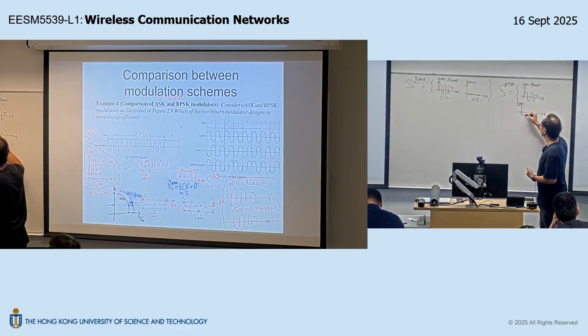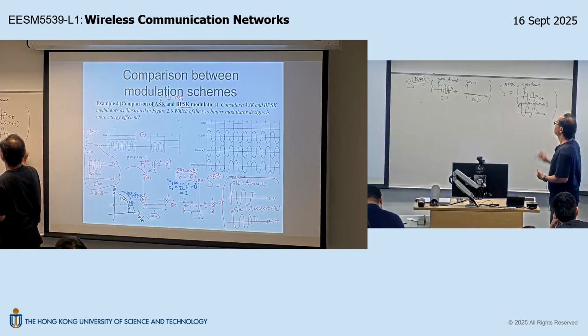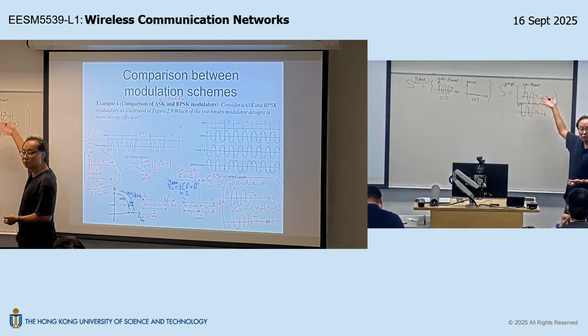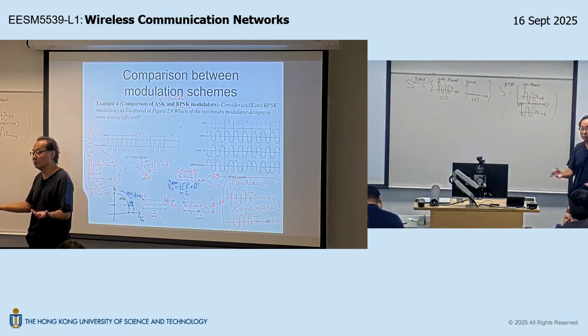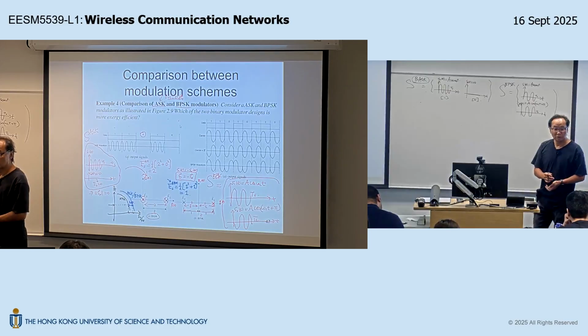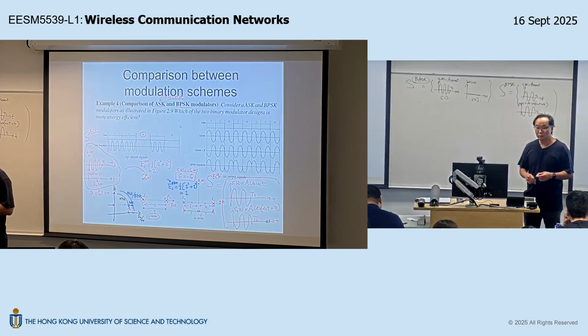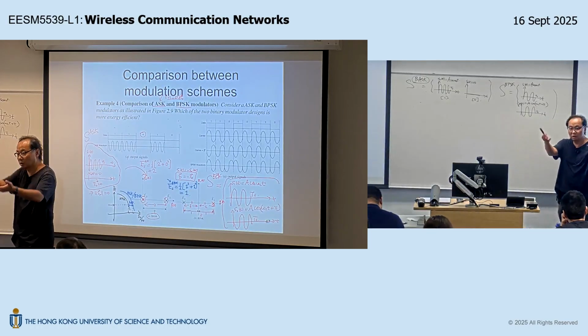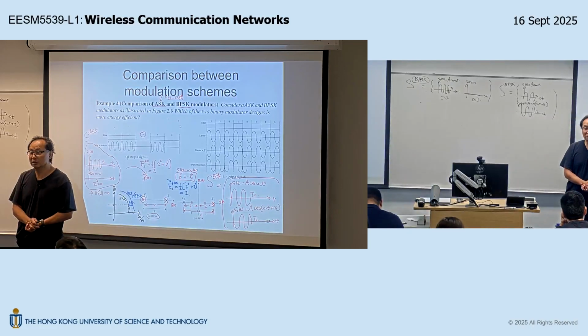So it becomes something like this: A cosine(omega ct plus pi). These, again, are two different waveforms, right? So it forms a legitimate binary modulator. Is that okay? So you can easily dream up your own binary modulator, okay?